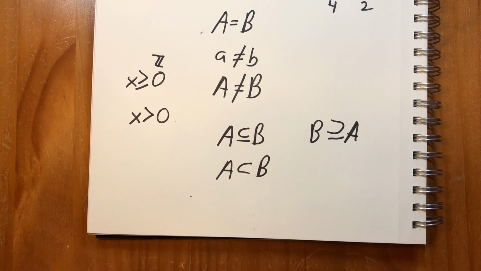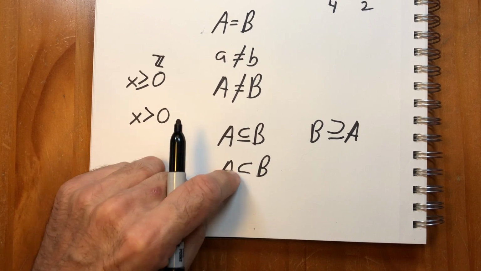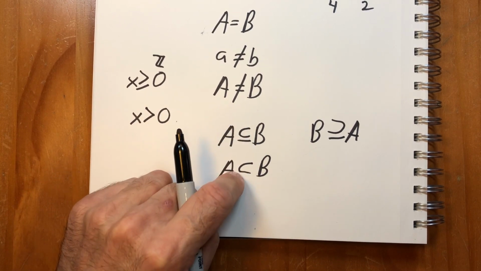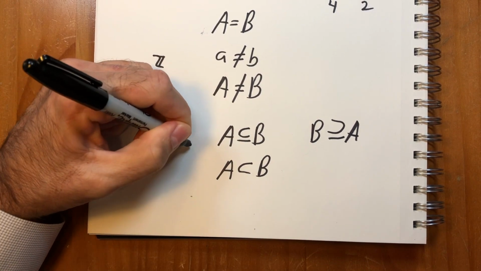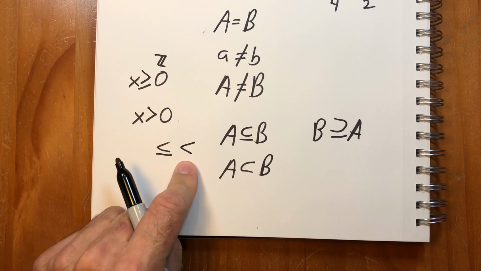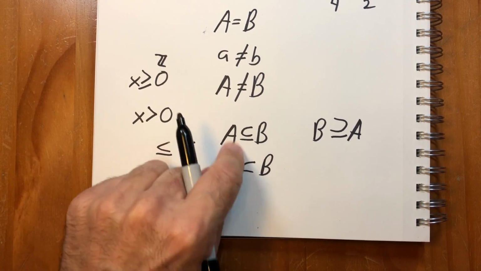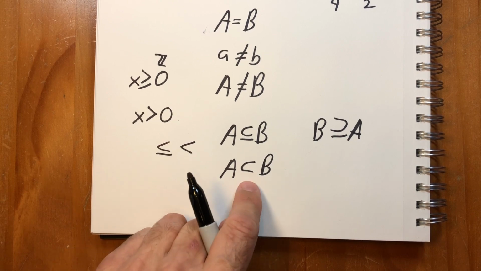And then if they want it to be a proper subset, they have to use words to say proper subset. But we're going to do it this way because it's more explicit, and also it kind of evokes less than or equal to and less than, so it's a little more clear, I think. But remember, this means that it's not equal.